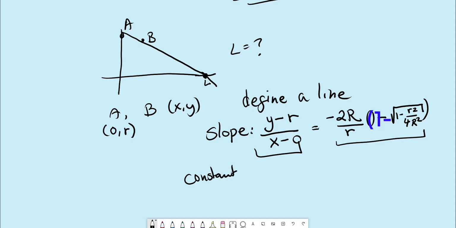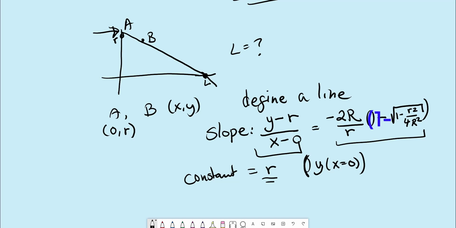and then we know that the constant of the straight line is just equal to lowercase r, because the constant is given by y at x equals 0, and in this case that is just this point, the highest point of the lowercase r circle.